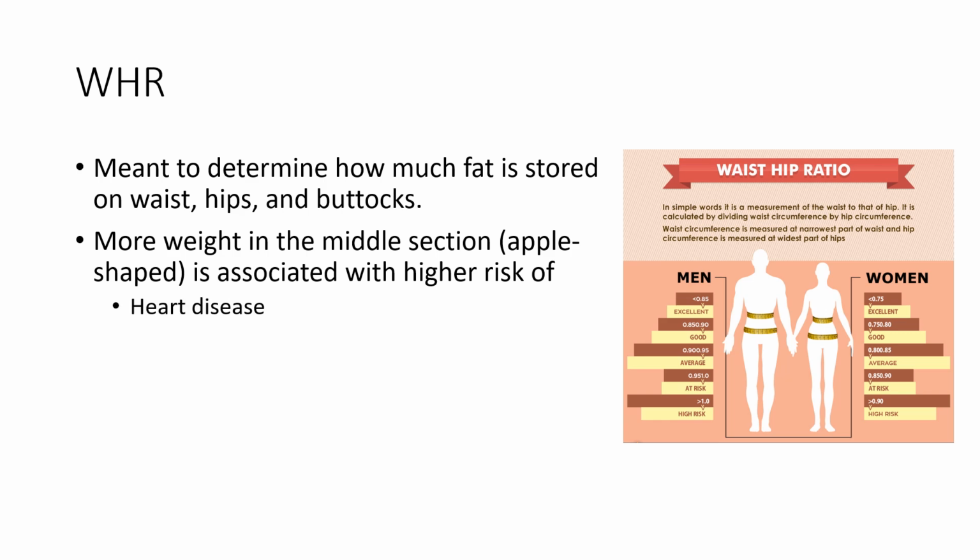Some of these include heart disease, type 2 diabetes, and also premature death. All of these things are associated with having more weight in the midsection or having a higher waist to hip ratio. And in terms of sexual selection, it might be advantageous for an individual to select someone with a lower waist to hip ratio, so they would be at less risk for these things.